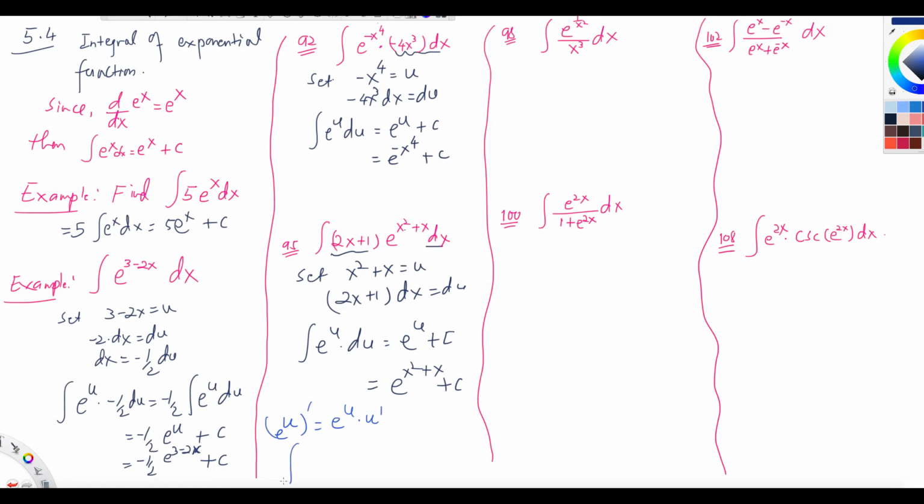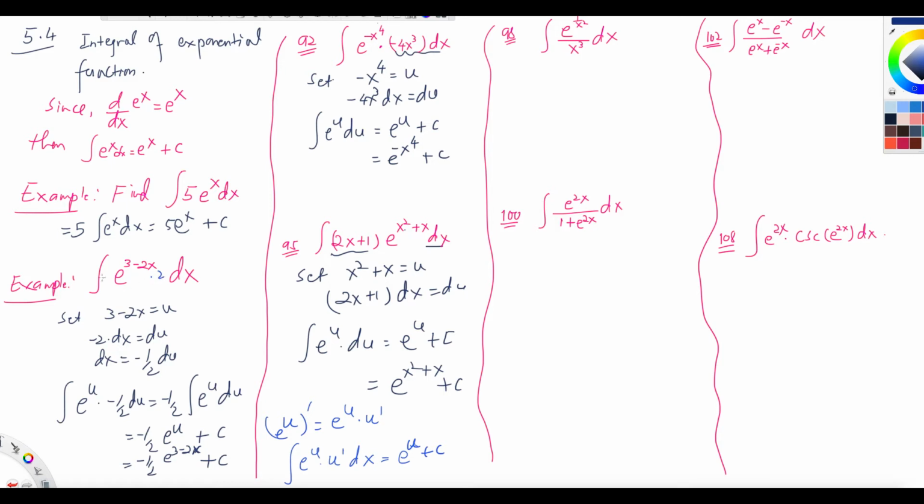So that's why the integral of e to the u times u prime dx equals e to the u plus c. You see that here is e to the u times u prime dx, right? Here e to the u times u prime. So what is u prime? u prime is negative 2, right? So we need negative 2.